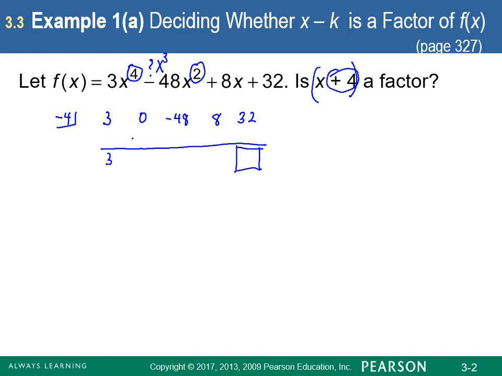We add, multiply, add, multiply, add, multiply, add, multiply, and add. And so our answer is, yes, it is a factor.